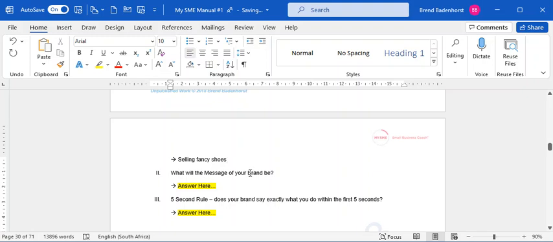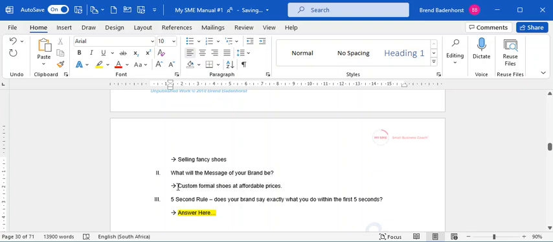Number 2, what will the message of the brand be? The message is going to be custom formal shoes at affordable prices. I hope you guys have seen how my wording has changed since I did my market research. In the beginning it was fancy shoes for fancy occasions.